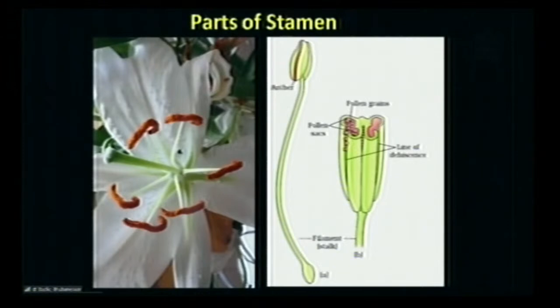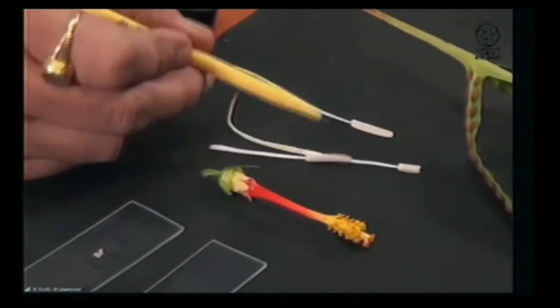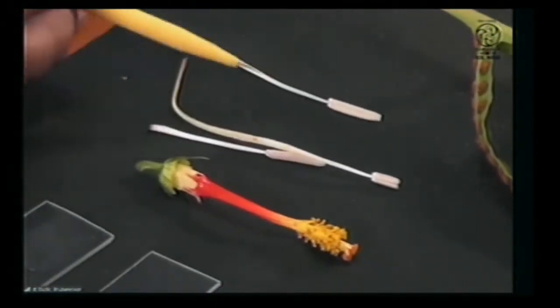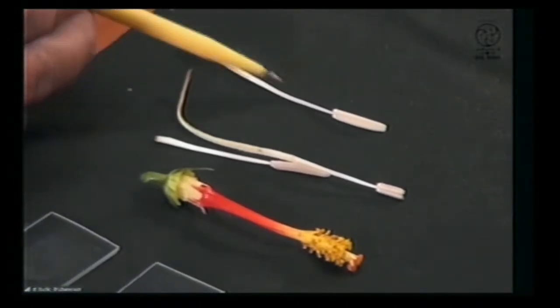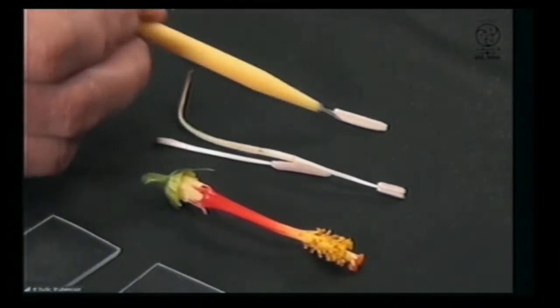So now let's see the parts of a stamen. Here these are the stamens. Each stamen has got 2 parts. This is the filament and this is the anther.